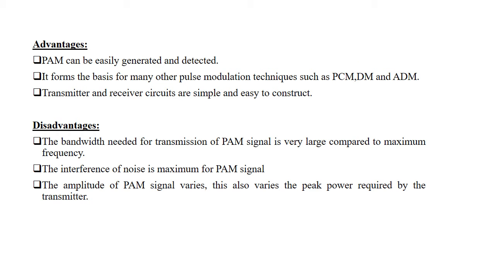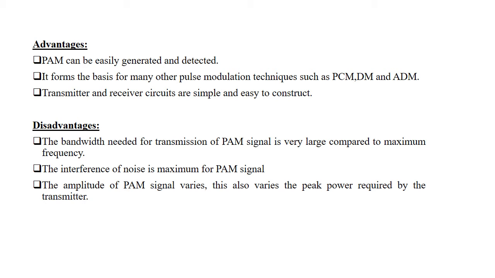Advantages: PAM can be easily generated and detected. It forms the basis for many other pulse modulation techniques such as PCM, DM and ADM. The transmitter and receiver circuits are simple and easy to construct.